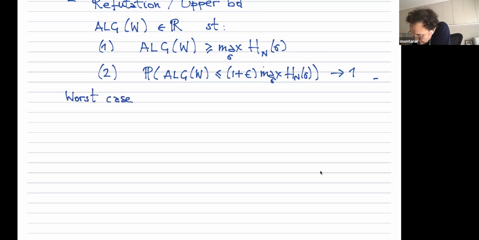So consider the quadratic problem, the SK model, but now the matrix of coefficients is not random, it is adversarial.